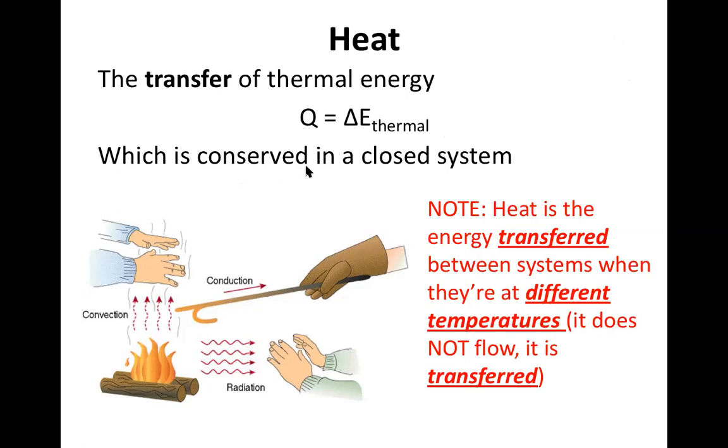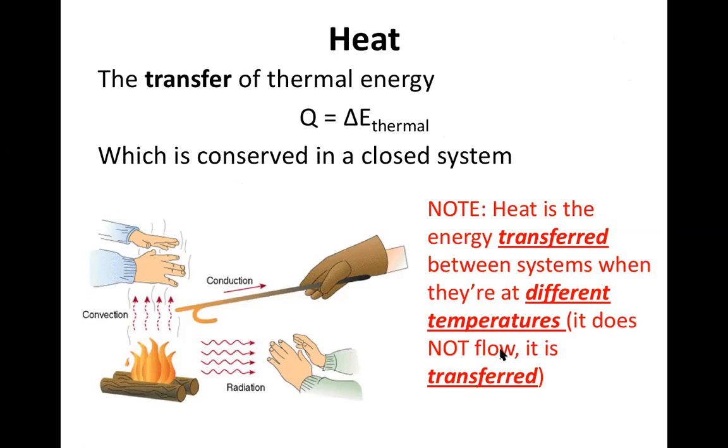Thermal energy is conserved in a closed system. We're going to come back to that very important conservation statement in the next video. Note that heat is energy transferred from one thing to another, so it's a transfer of energy when the two objects are at different temperatures.